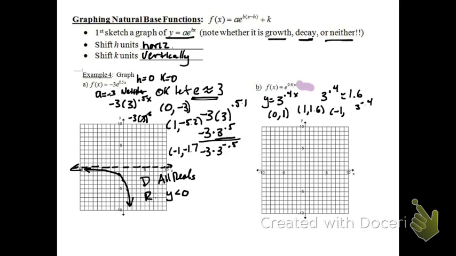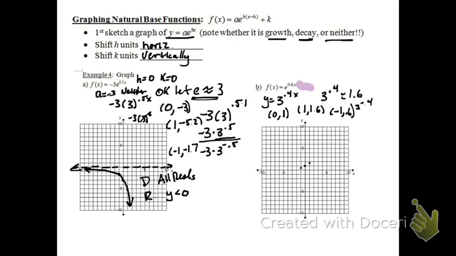If you do 3 raised to the negative 0.4, you're going to get about 0.6. So 0.6 there. Let's plot those 3 points. 0, 1, and then 1.6. And then negative 1, 0.6 is going to be about there.